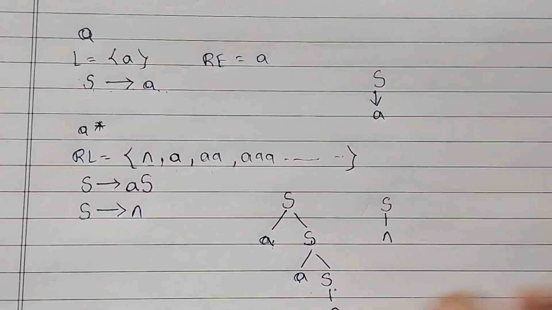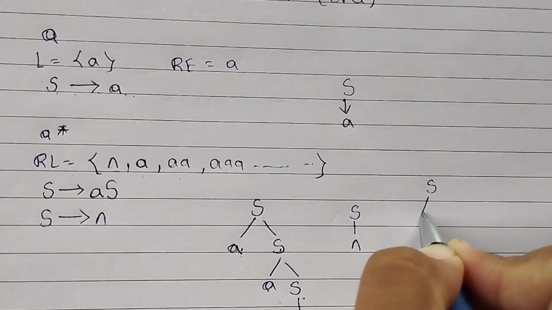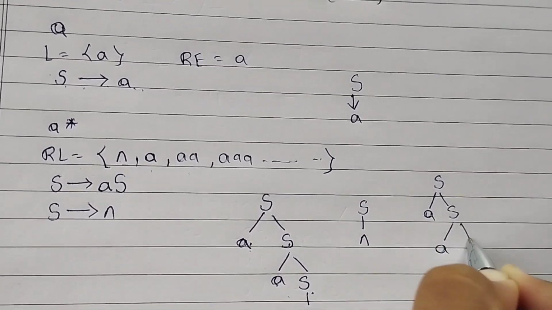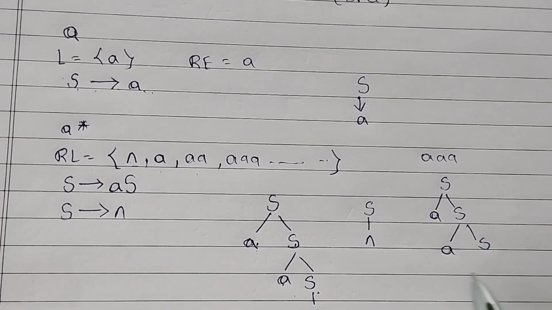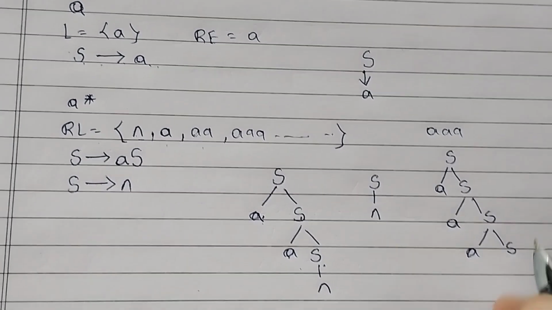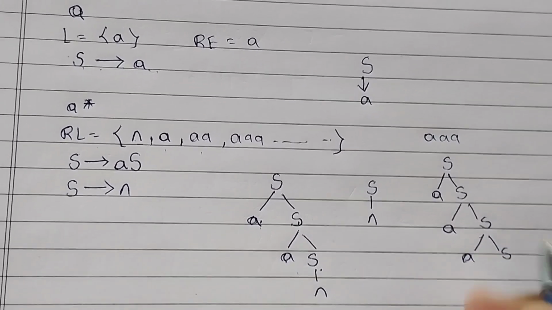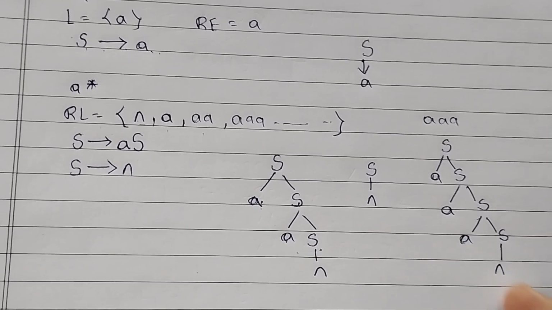If I want 3 times A, then first start with S, then S reads A S, again S reads A S, 3 times we read A, and now I do not read A again because I want only 3 times A, then I replace S with null.